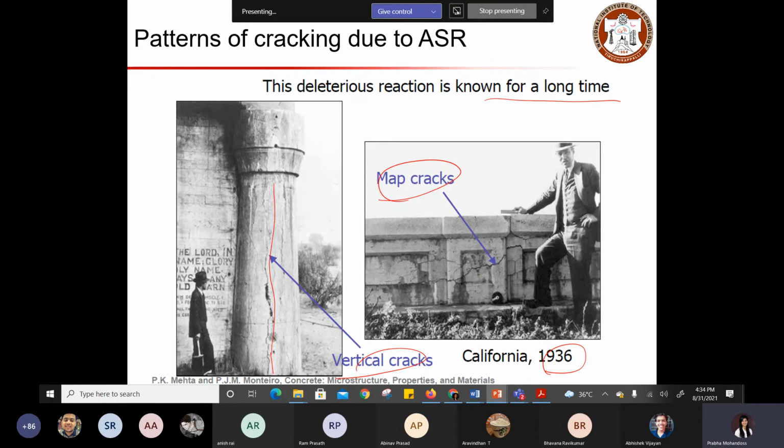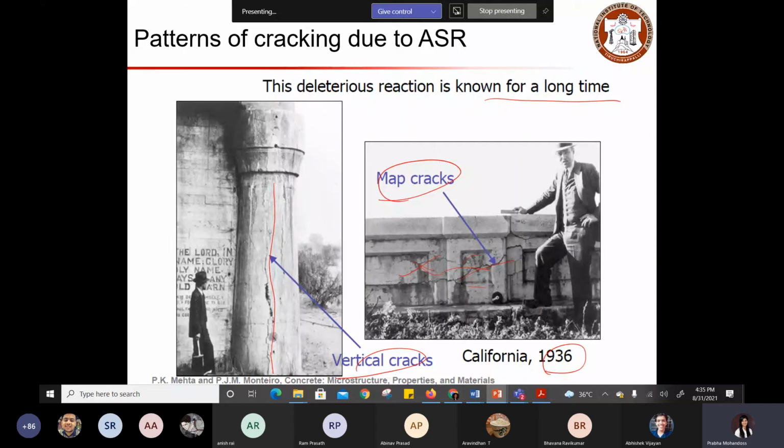And how do you identify such type of ASR cracks? Typically ASR cracks will be a group of cracks like map cracks. So you can see in a pillar, a bridge pier, a column of a bridge which has vertical cracks, and here in the parapet you can see a lot of cracks in the form of a group of cracks as map cracks.